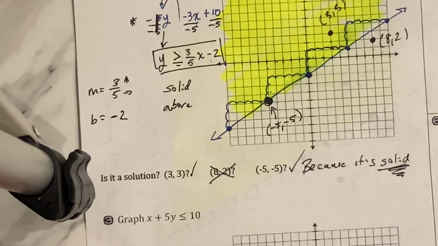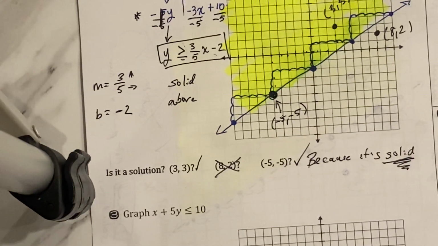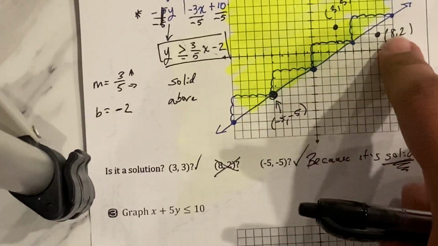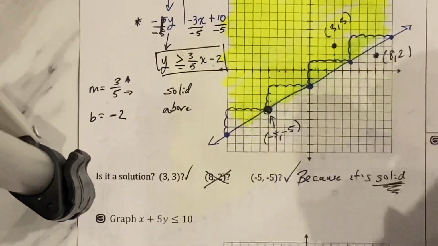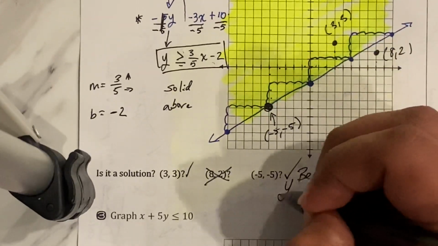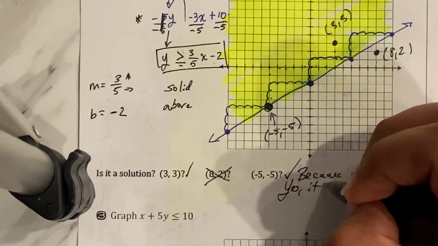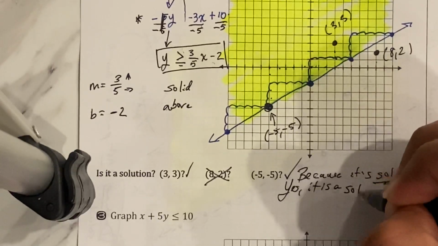So making sure we know the difference between solid and dash, sometimes it will be a headache, but it's okay. Show that you can consistently know that anything that's on this line is a solution. Because it's solid, yes, it is a solution.